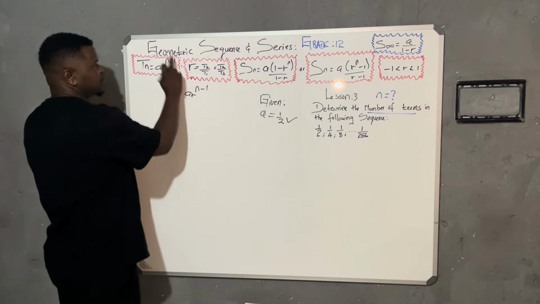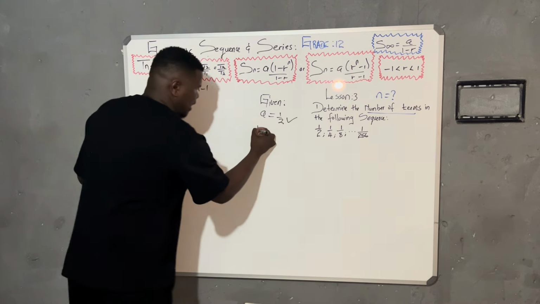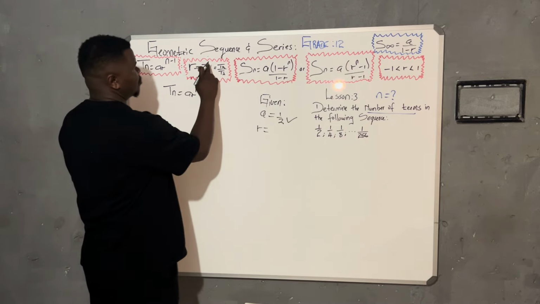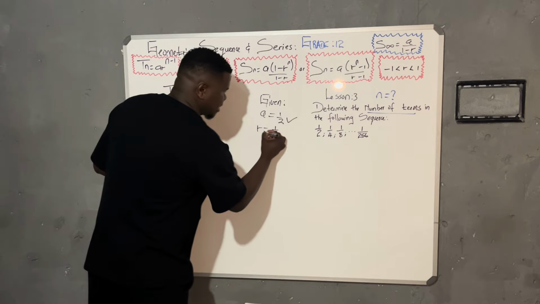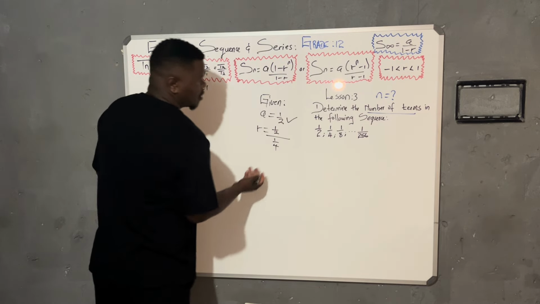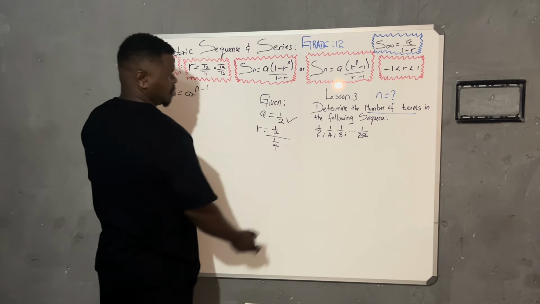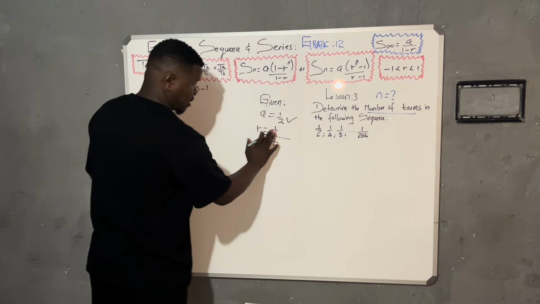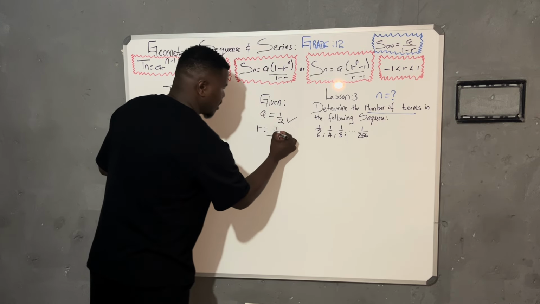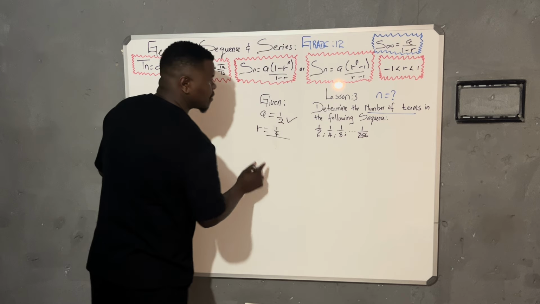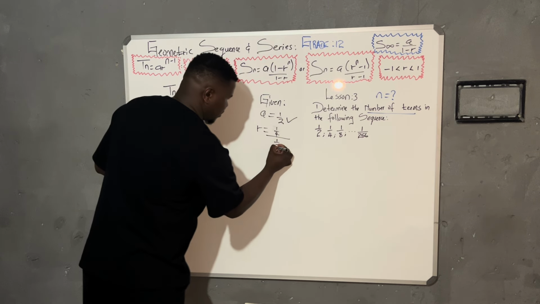We are talking geometric, so I need to know my r. What is my r? It's term 2 divided by term 1. I can write that, indicate that. So following this, no, I made a mistake. Okay, let's sort it. We say term number 2, it happened to be 1 over 4 divided by term number 1, which is that.